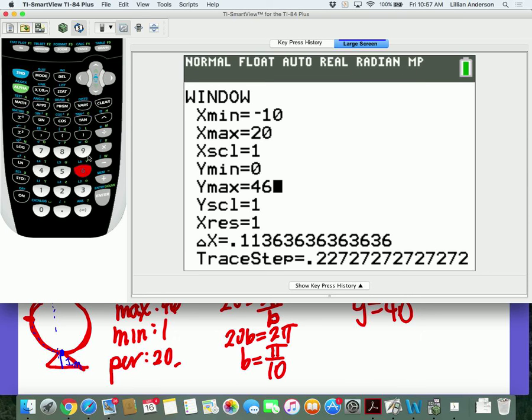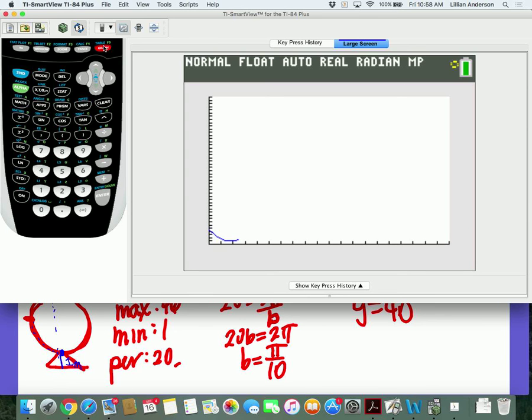What's your minimum height? 1. You could leave it at 0 and you'll see that it won't even touch 0. And we're talking about time, so I could change this to 0. And 20 was my period, wasn't it? So I should see one complete cycle when I press graph, if I typed it in correctly. And there's the graph that models the Ferris wheel.